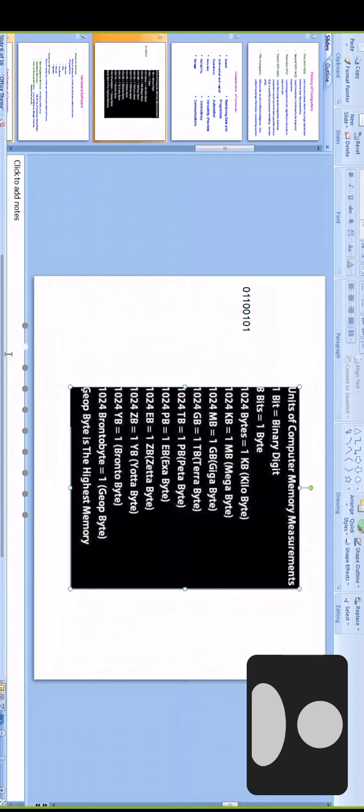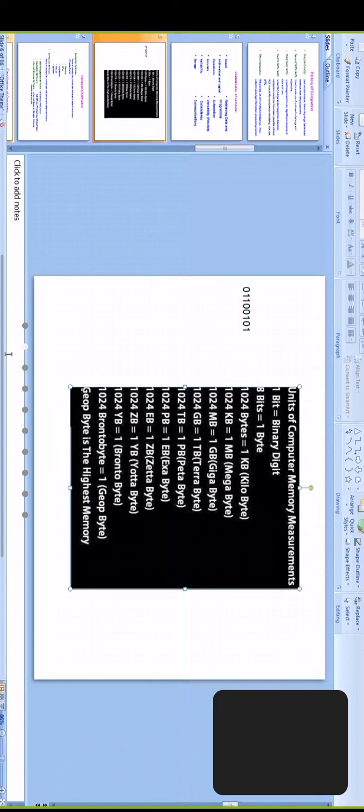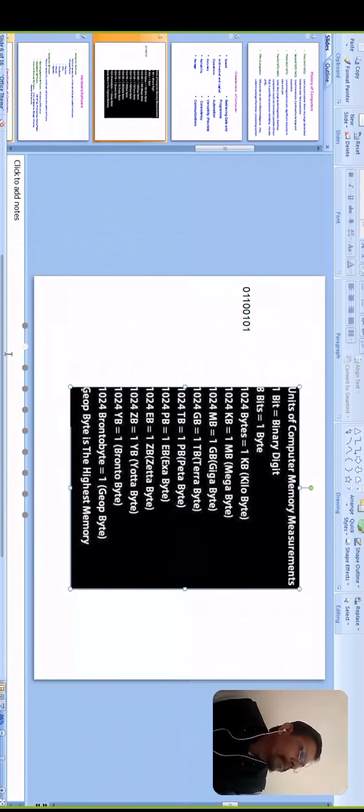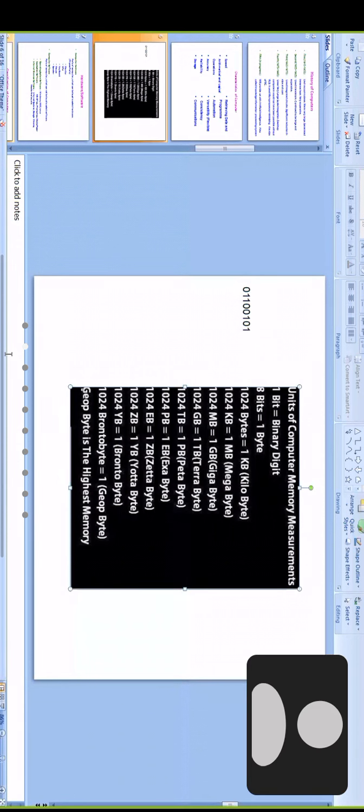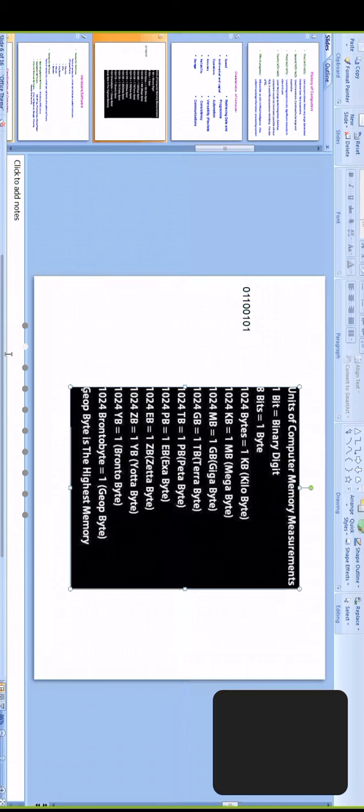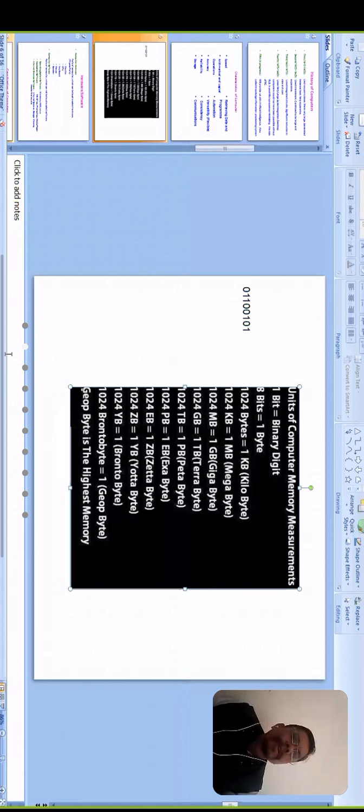Software is what? It is a collection of programs. Then somebody may ask me, what is a program? A program is step-by-step instructions given to a computer. That is called a program. And a collection of programs is called software.